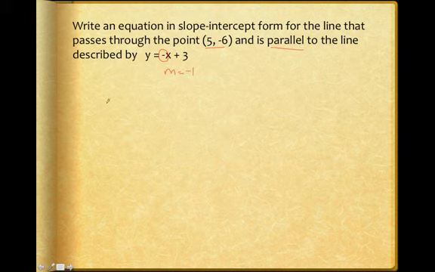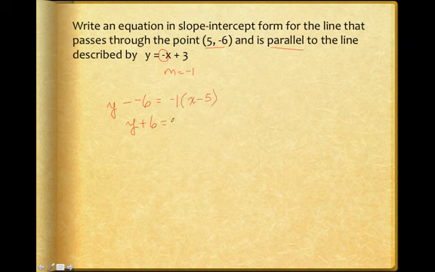So I'm going to use my point-slope form to find my equation. So I've got y minus -6 equals the slope times x minus 5. I'm going to simplify this.